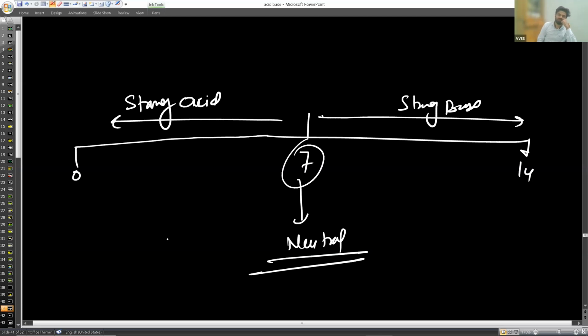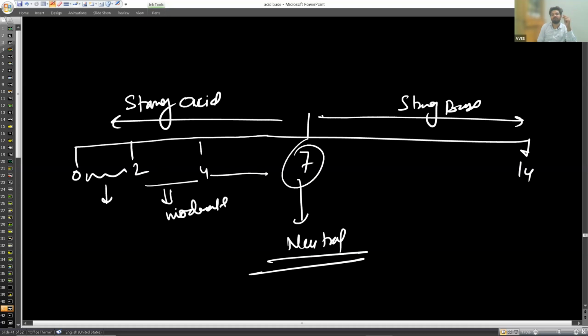Understood? So strong acids are those that have pH less than 7. Strong acids come under the category from 1 to 2. Then 2 to 4 is moderate acids, and 4 to 7 is weak acids.